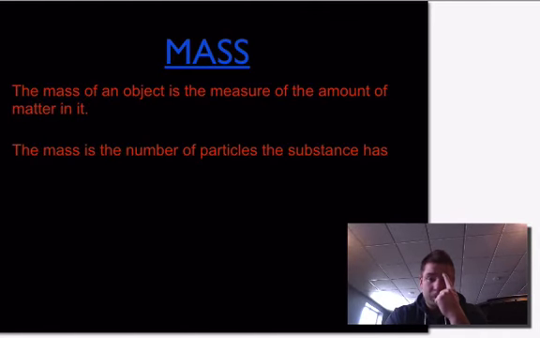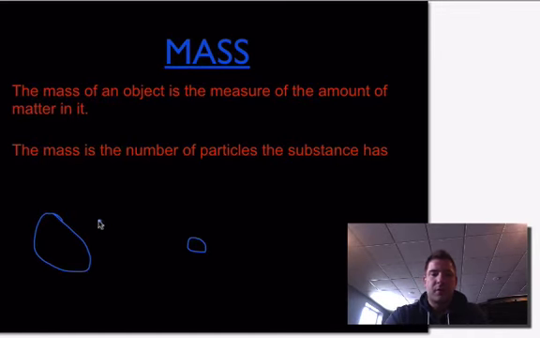So, mass of an object is the measure of the amount of matter that's in it. So if I was to draw two objects down here, and these aren't shell structures, these are just mass structures. Now if I was to draw two objects, the amount of matter inside, well, which one would have more matter?